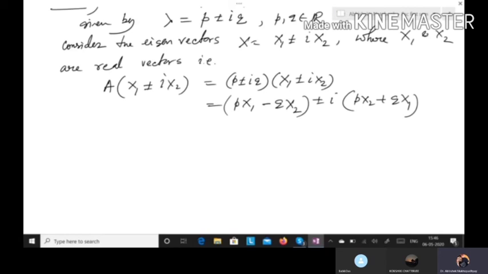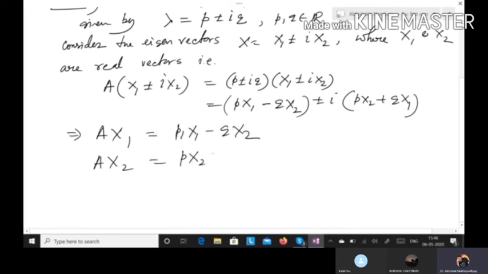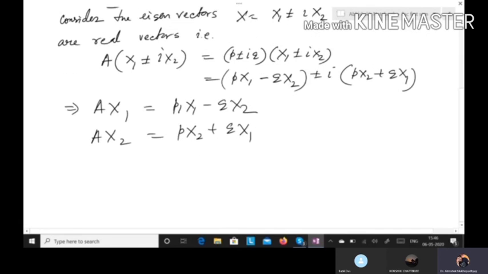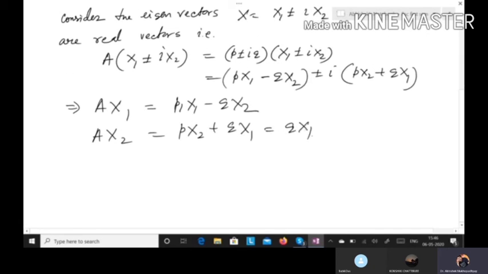Now equating the real part and imaginary part, we have Ax1 equals px1 minus qx2, and Ax2 equals px2 plus qx1, that is qx1 plus px2.